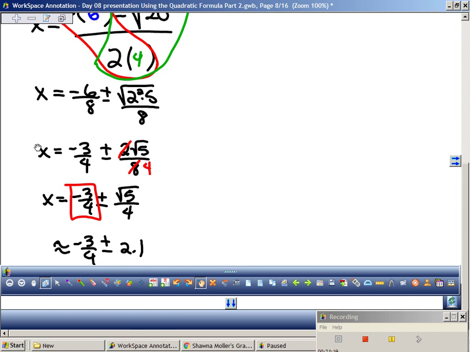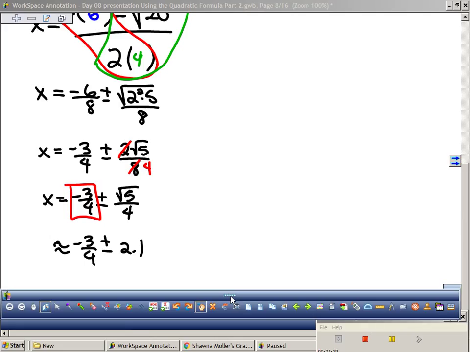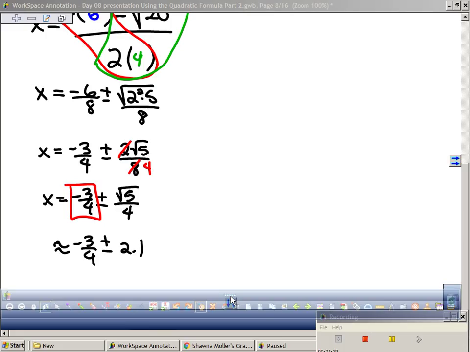Where's my mistake? Why the 2.1? No, it's closer. The square root of 5 is closer to the square root of 4. We didn't divide by 4. So let's just pretend that it was the square root of 4, because that's pretty close.